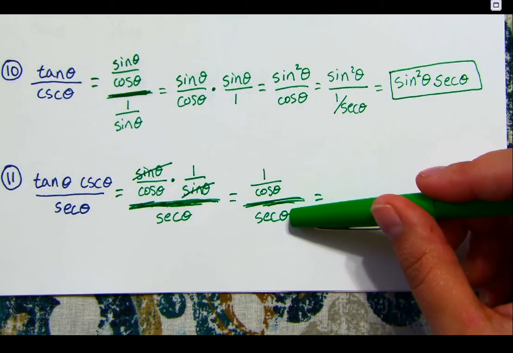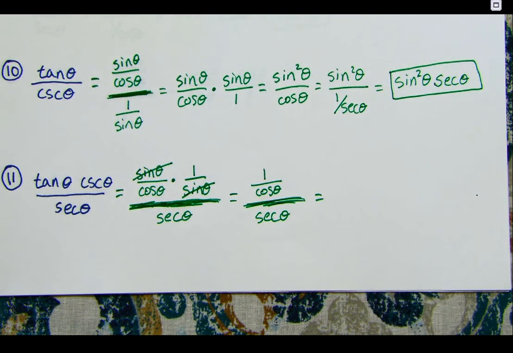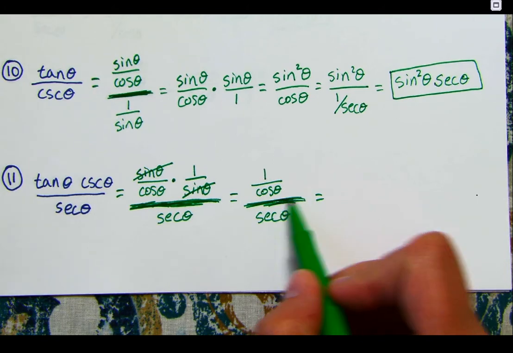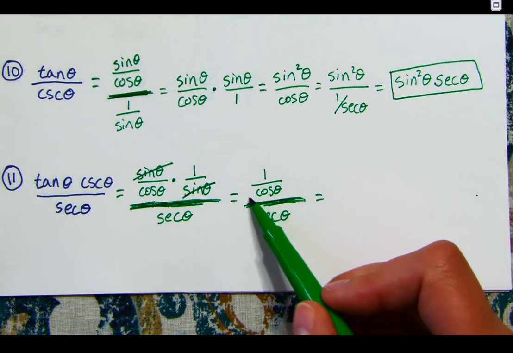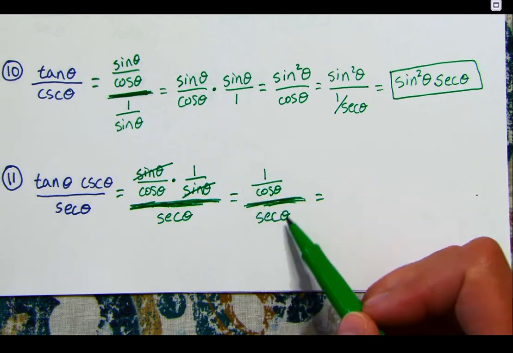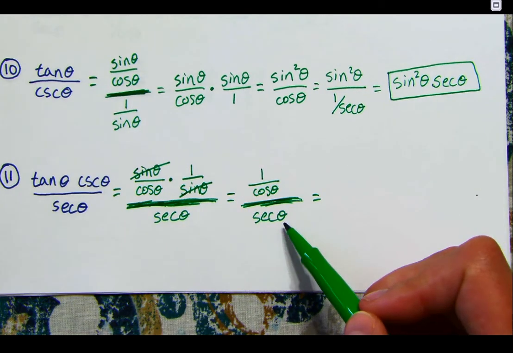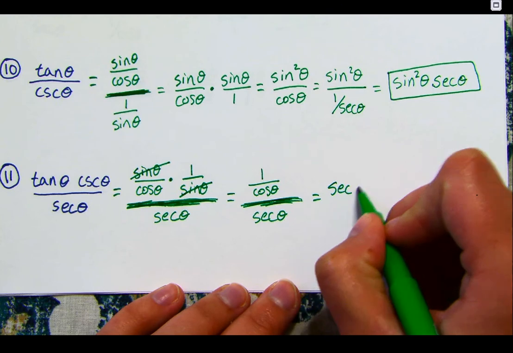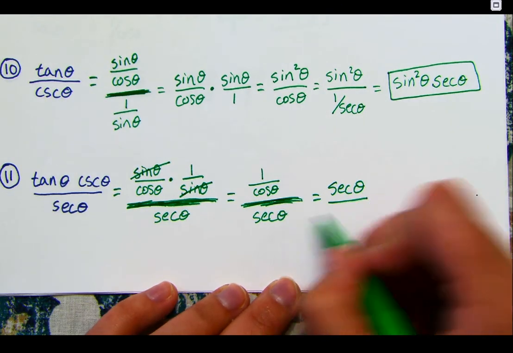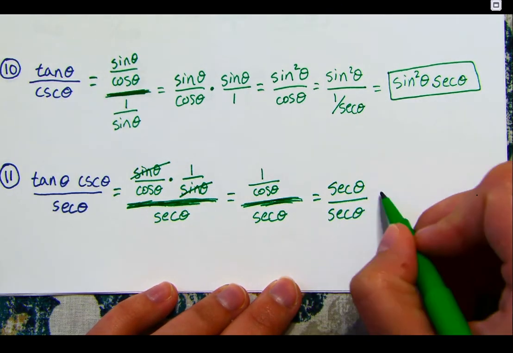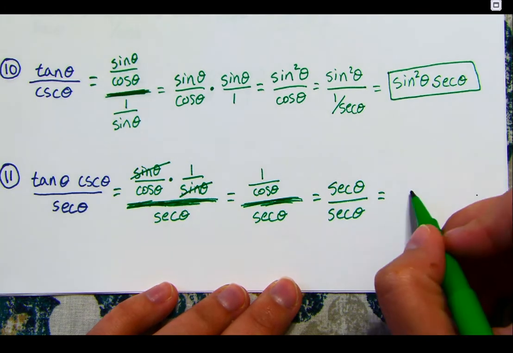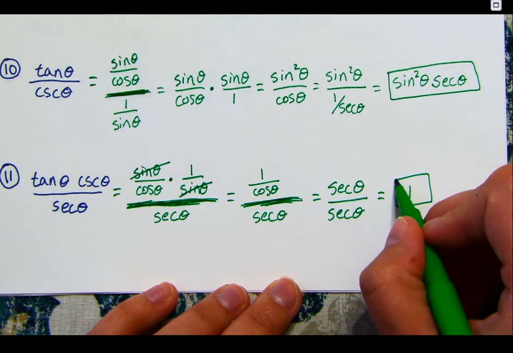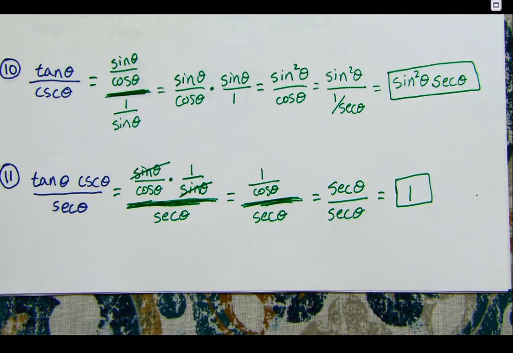I can do the reciprocal to this one, and then we would multiply by the reciprocal of that to get rid of this big fraction bar. Or I could do the reciprocal to this one, which is going to be secant theta. So it's actually going to end up being the same as this one. So secant theta over secant theta. And anytime we divide something by itself, it is always going to be 1. So that will be the final answer to this problem.